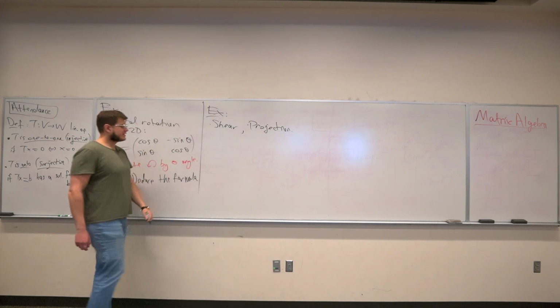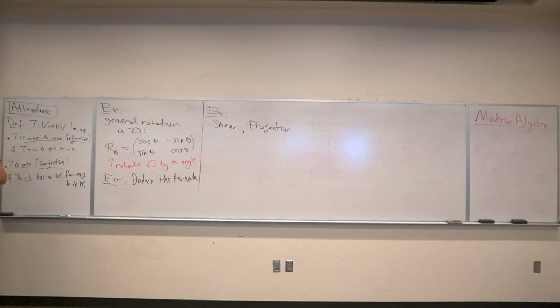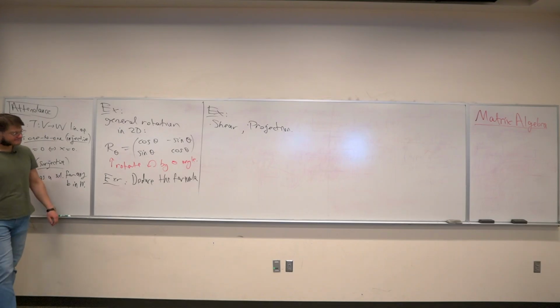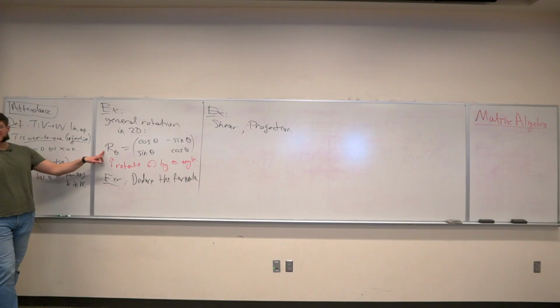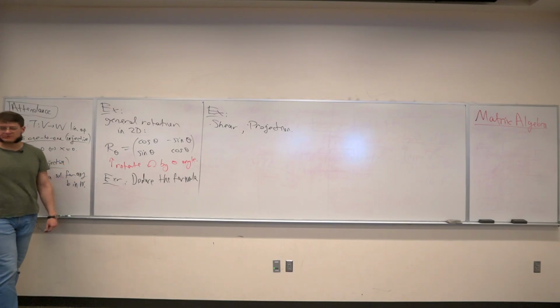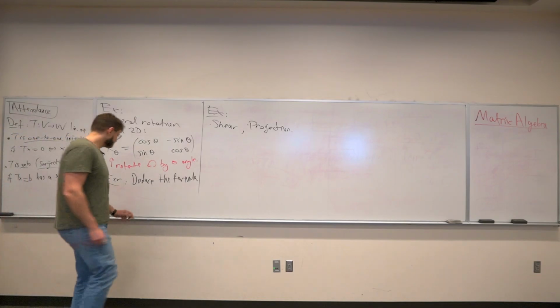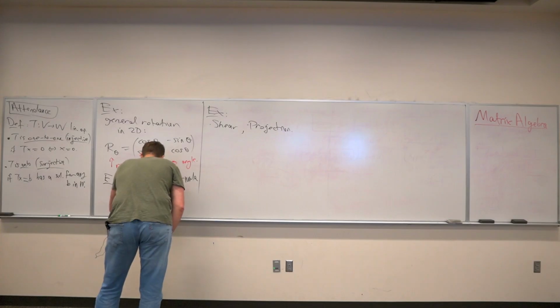I'll just give you an idea how you might try tackling this. Well, this is supposed to take any xy and rotate it by theta angle, right? And so draw something like this, a circle.